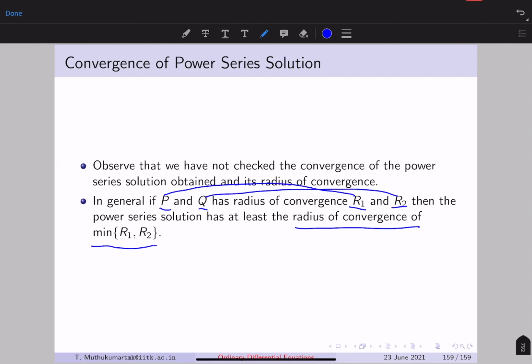Whatever is the minimum of R1 and R2, the power series solution is at least convergent for that radius. Okay, for this level of the course, we will assume that these things are something which we know, we don't have to worry about it. But these are things which one needs to check in general.